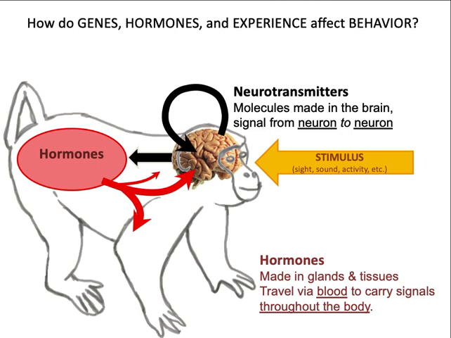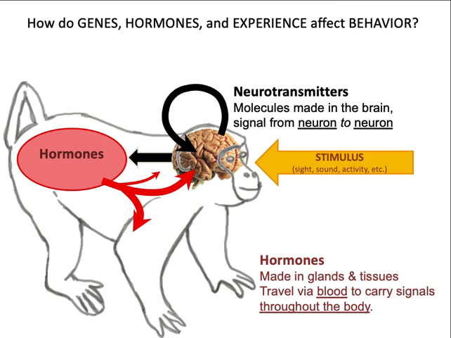And so, for example, if some kind of stimulus that you see scares you or startles you, right, you're watching a scary movie or someone jumps out from behind a corner and scares you, your brain will send a signal to your adrenal glands. And those adrenal glands are located on the top of your kidneys, and they produce adrenaline.